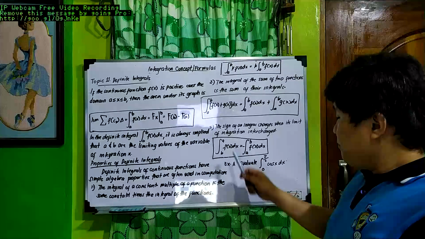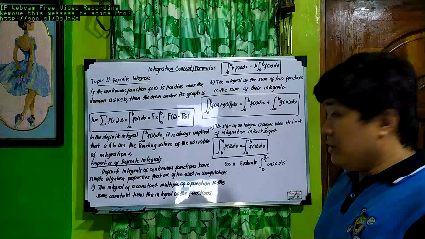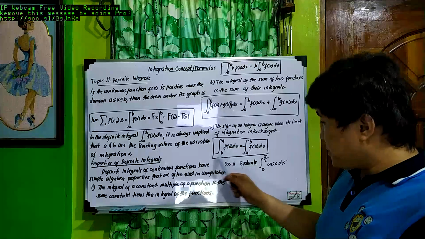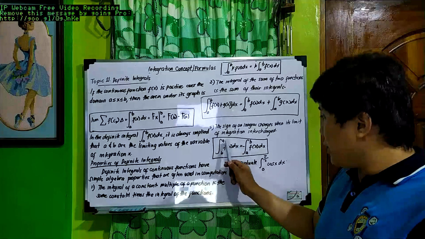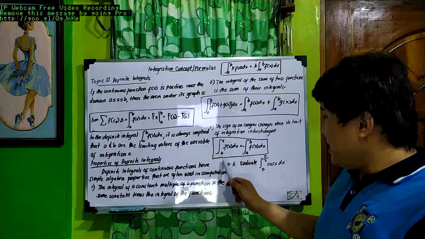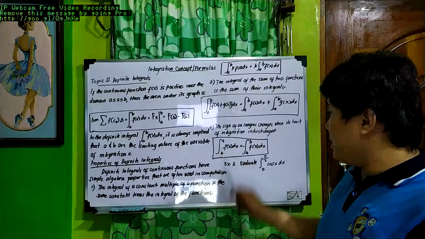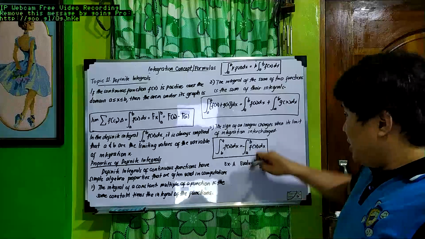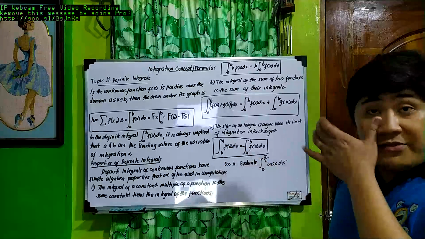In short, the upper limit is a lesser value than the lower limit. What we always do is make the lower limit a lower value than the upper limit. But in this case, the lower limit is higher than the upper limit. So what you need to do is interchange those limits and then multiply by a negative value.